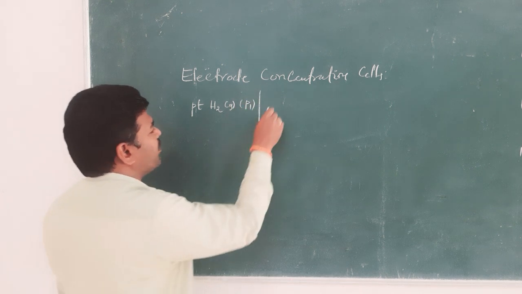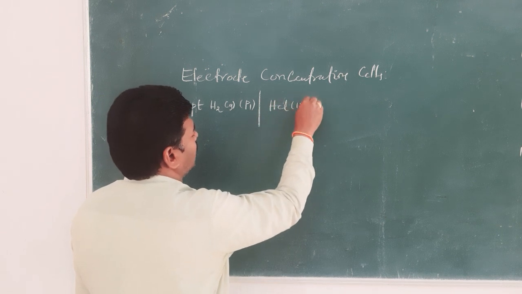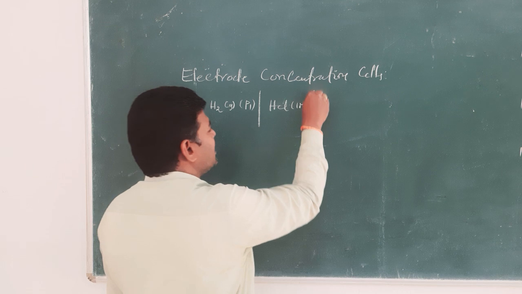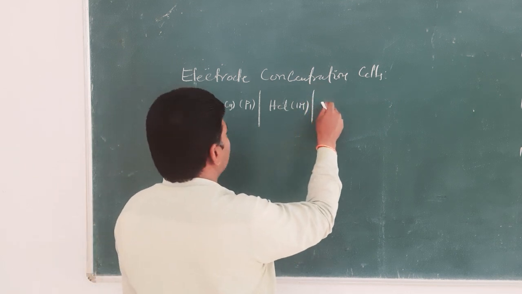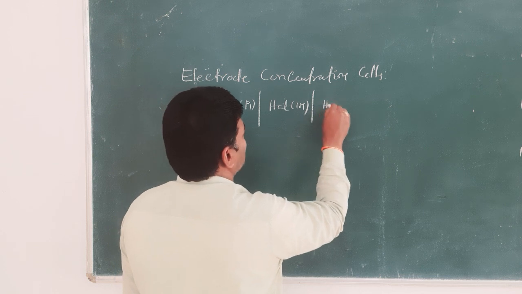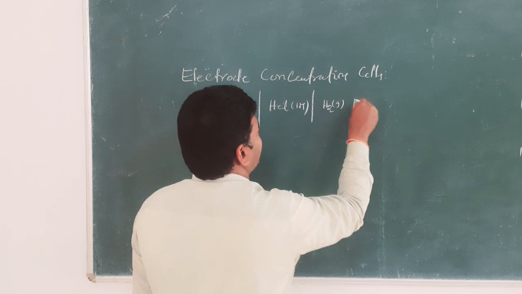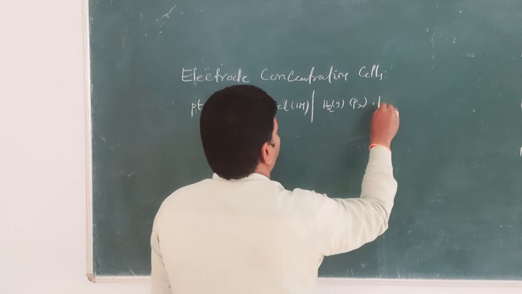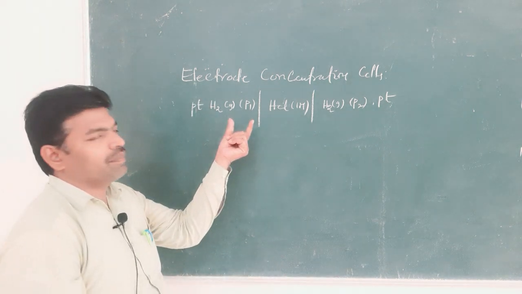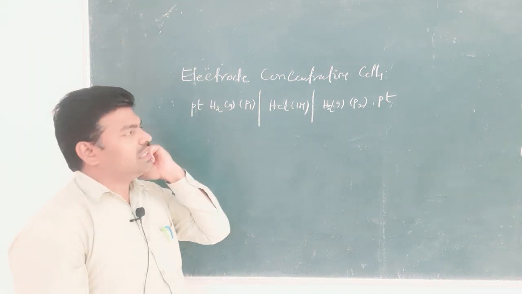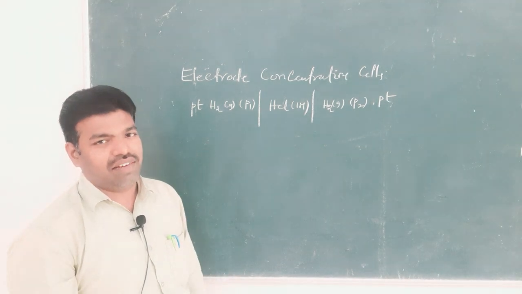This electrode is dipped in HCl solution of molarity 1 molar, and in the same electrolyte another hydrogen electrode, H2 gas maintained at pressure P2, platinum. This is the example for an electrode concentration cell.